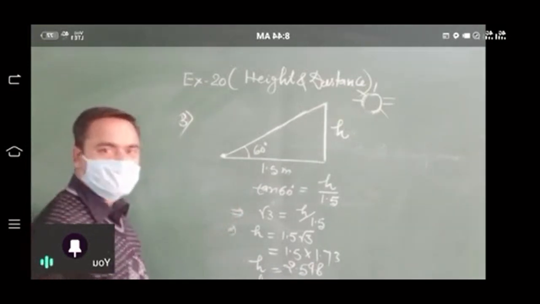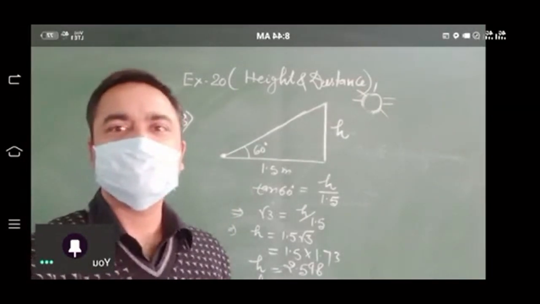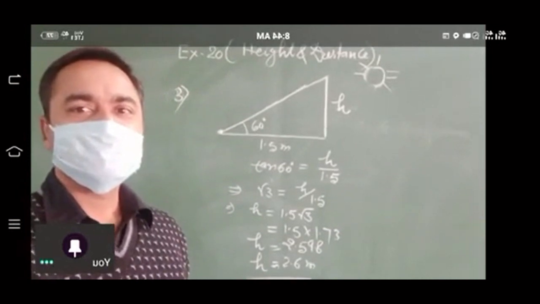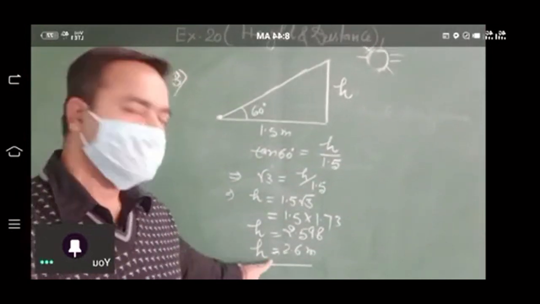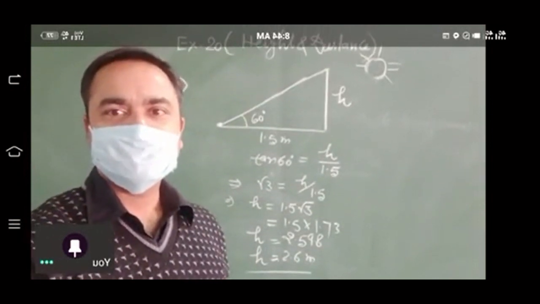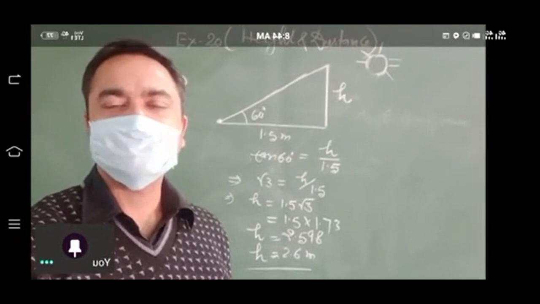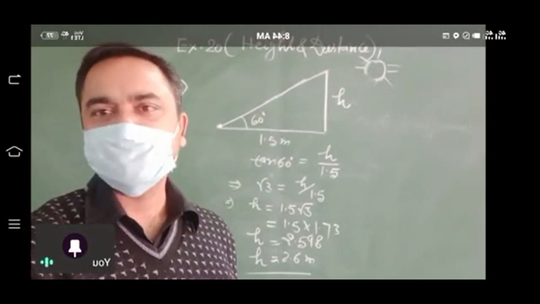This is the height of the wall. 2.6 meter is the height of the wall. All of you have written? Students, all of you have written?